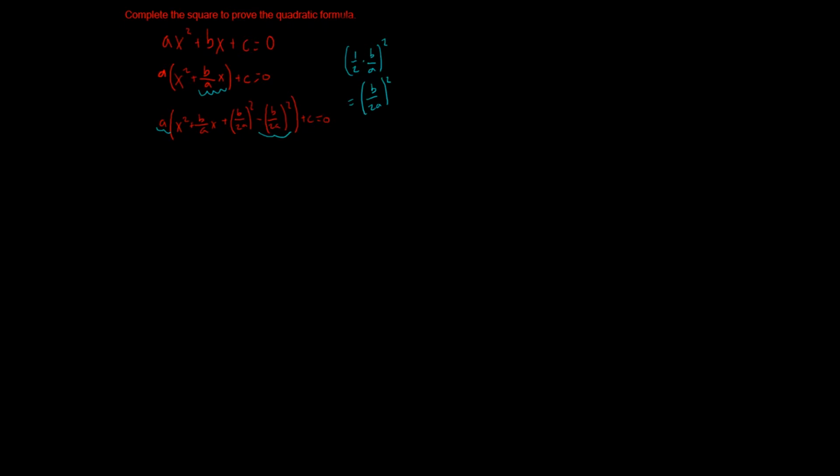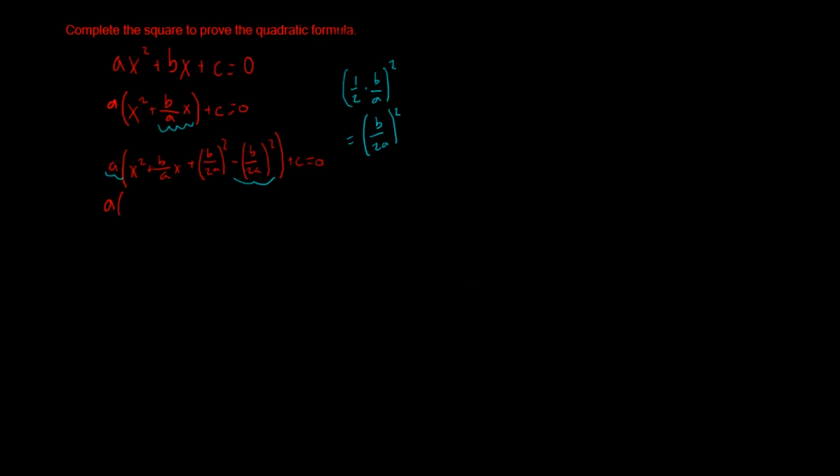So we'll do a times x squared plus b over a x plus b over 2a squared, close the brackets, and now we're just multiplying, so we're going to do negative a times b over 2a squared, plus c equals 0, and that's the same thing. A times negative b over 2a, or negative a times b over 2a, that's all the same thing, so it doesn't matter the way that you write it.